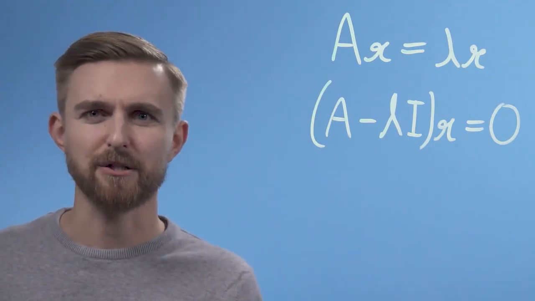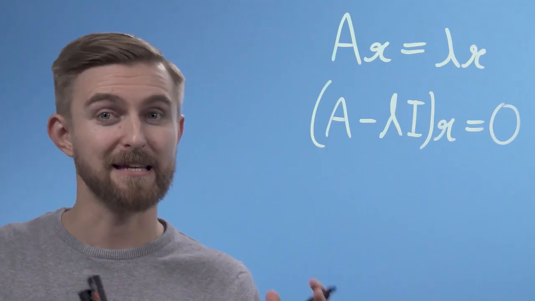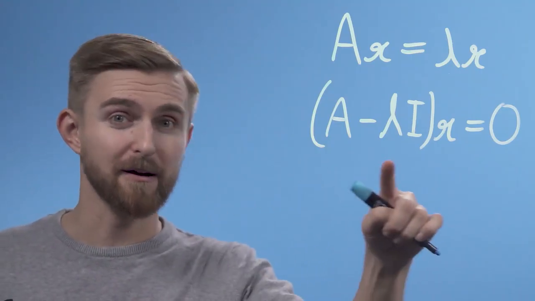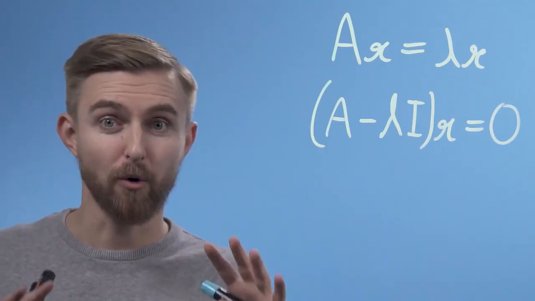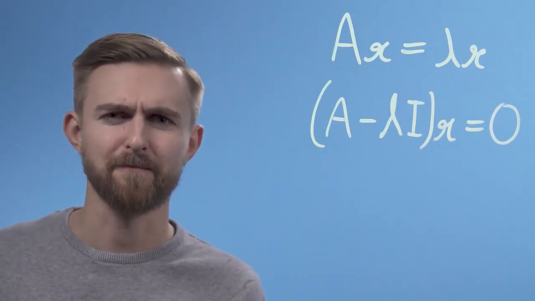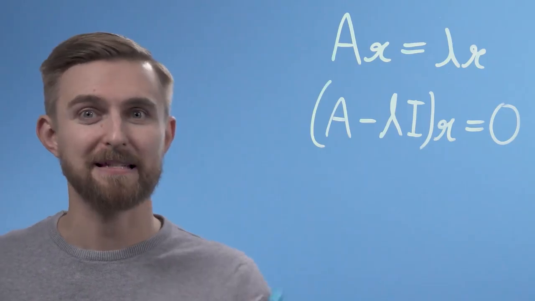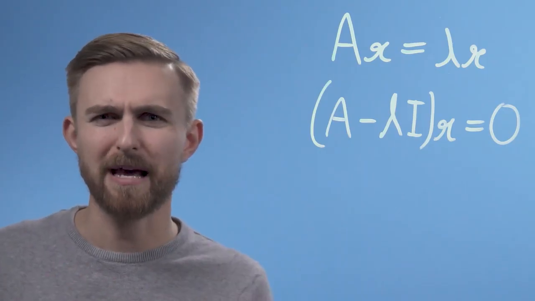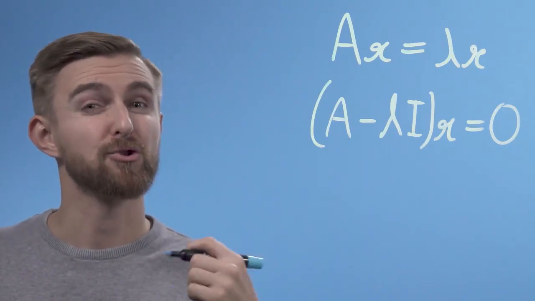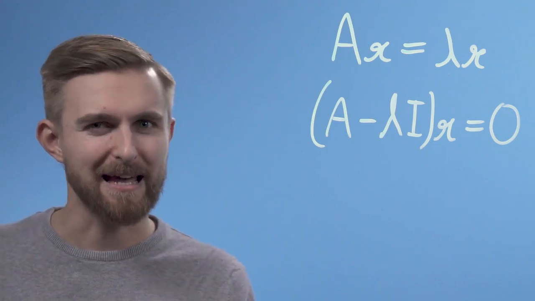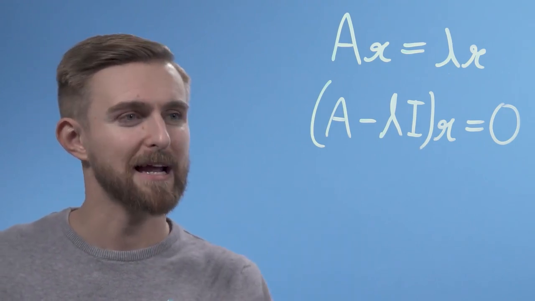Now that we have this expression, we can see that for the left-hand side to equal 0, either the contents of the brackets must be 0 or the vector x is 0. So we're actually not interested in the case where the vector x is 0. That's when it has no length or direction and is what we call a trivial solution. Instead, we must find when the term in the brackets is 0.